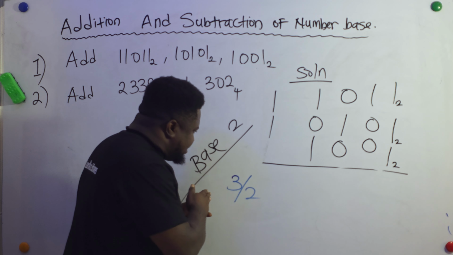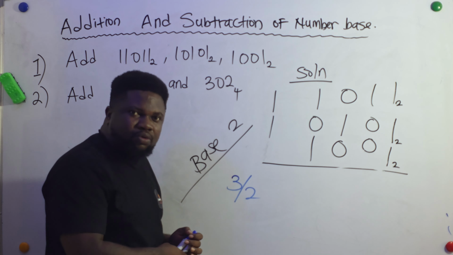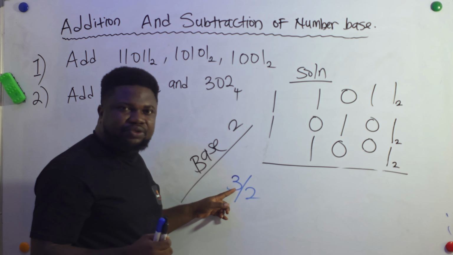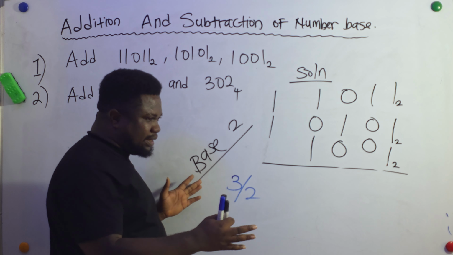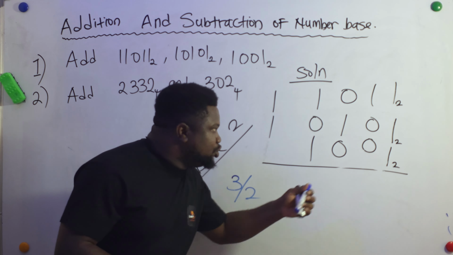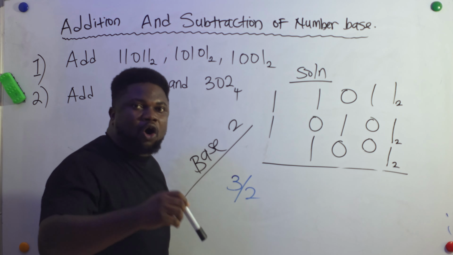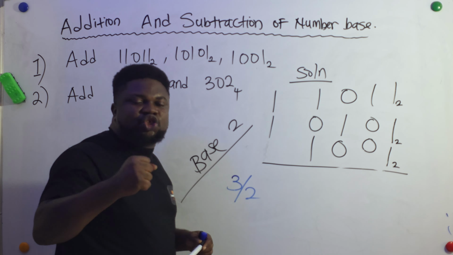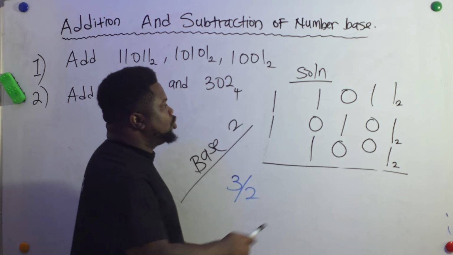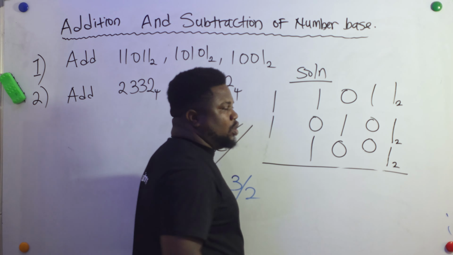So 3 divided by 2, when 2 persons share 3 things, what happens? They will have 1 each, and 1 will remain. The idea is to write down your remainder. Write your remainder. Take your quotient. Watch me do it. 1 plus 1 plus 1 is what? 3.